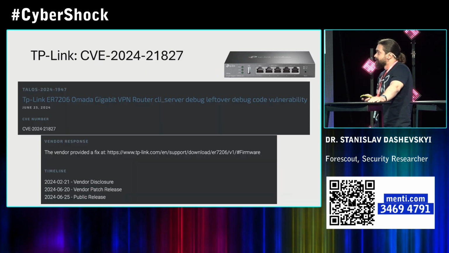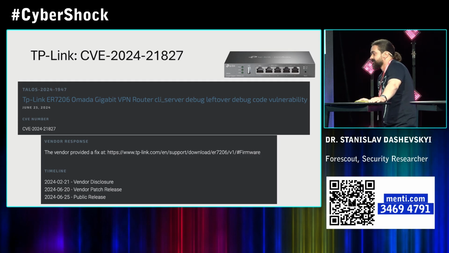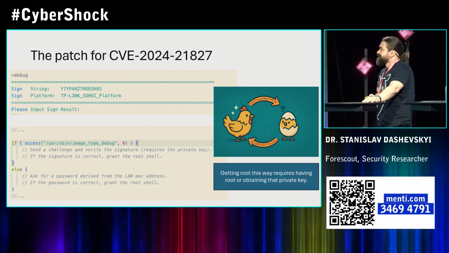What should we do? It turns out that just a few months before, Cisco Talos found this backdoor, and they decided this is a serious vulnerability. They reported it to TP-Link, got a shiny new CVE, and it was essentially fixed. And basically, you don't have any ability to root your device anymore.